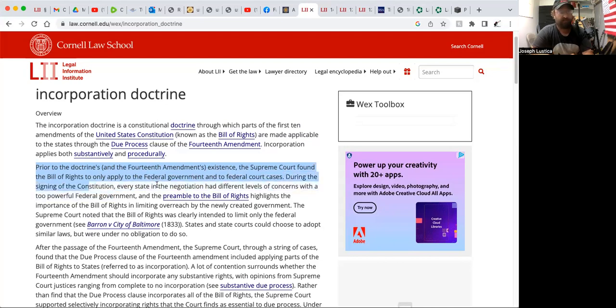During the signing of the Constitution, every state in negotiation had different levels of concerns with a too powerful federal government, and the preamble to the Bill of Rights highlights the importance of the Bill of Rights in limiting overreach to the newly created government. The Supreme Court noted that the Bill of Rights were clearly intended to limit only the federal government. States and state courts could choose to adopt similar laws, but were under no obligation to do so.